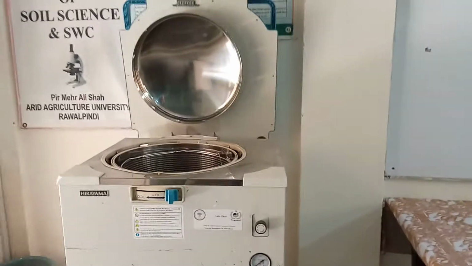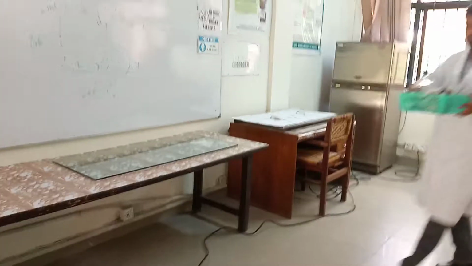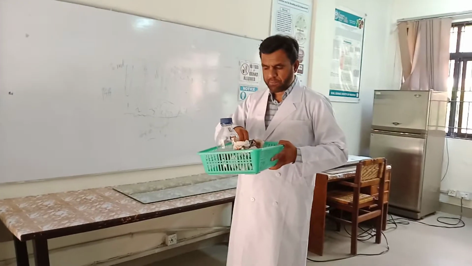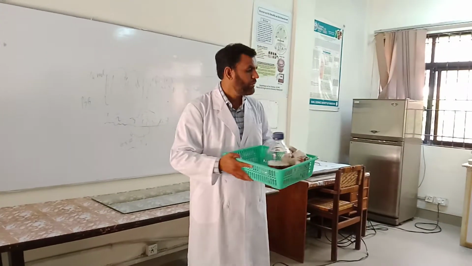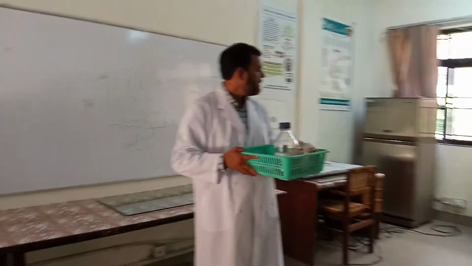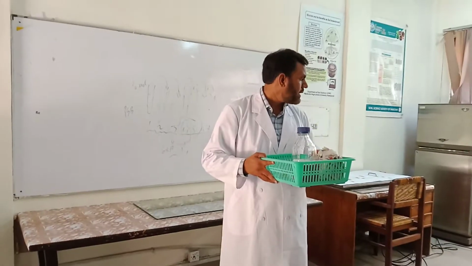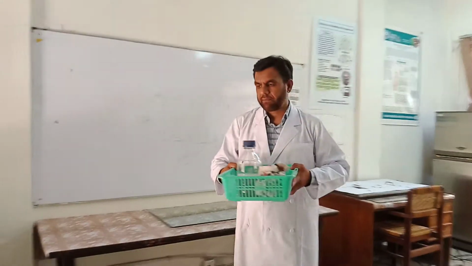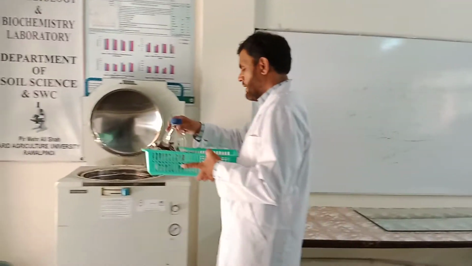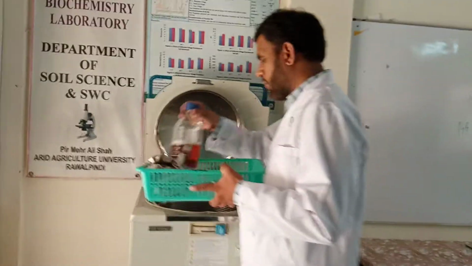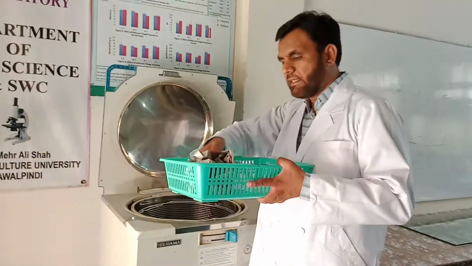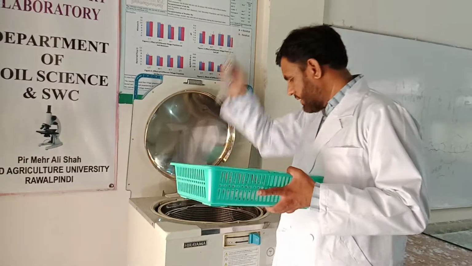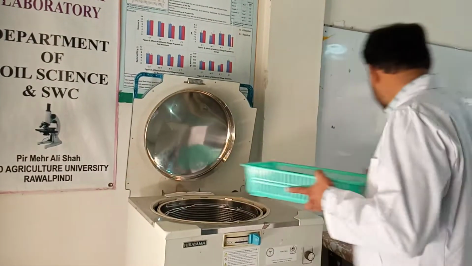Here is the media, and petri plates and some test tubes. We can also include inoculating loops, spreaders, if not already sterilized, and all the other material. So put these media bottles and these petri plates along with these test tubes into the autoclave.